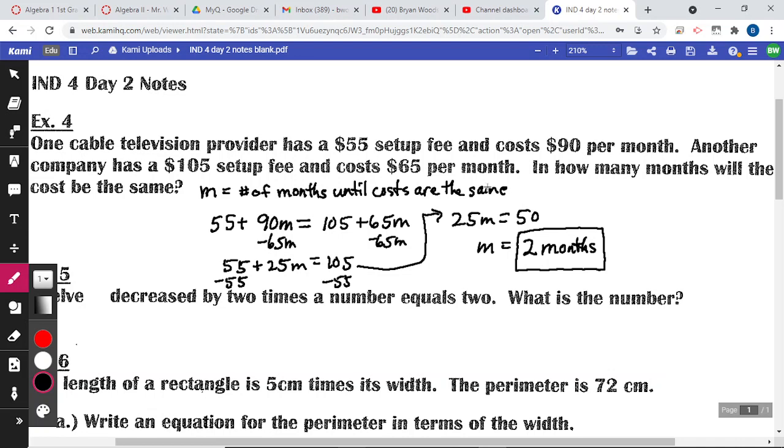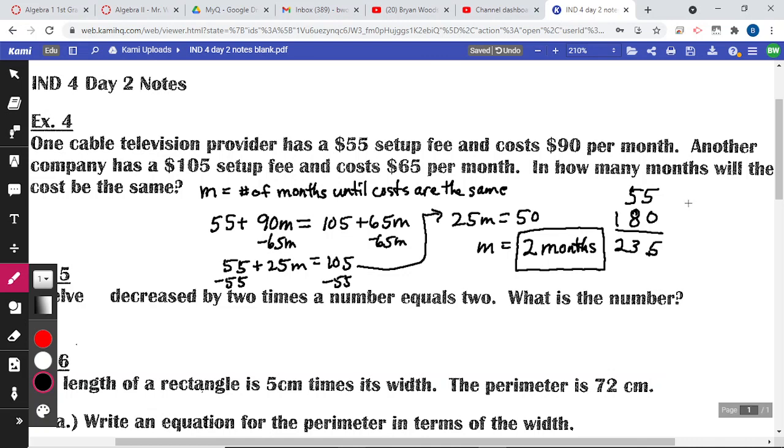And that's pretty easy to do. Because we're saying after 2 months they should be equal. So let's just figure out what they both are at 2 months and see if they're equal. So the first one, $55 plus $90 a month. In 2 months, that's $180. And that comes out to 235.